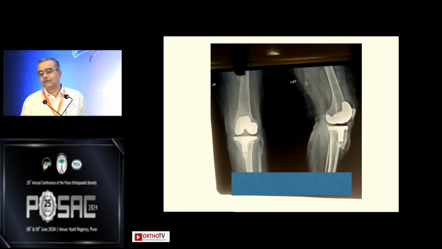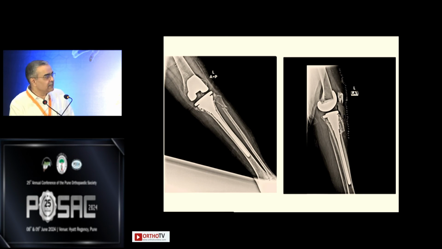So we should know what type of implant is being used in such cases. Okay, so here PFC Sigma was used, PS design, PS implant. And this is what I did. I retained the femur. I used a metaphyseal sleeve, long stem, and rotating platform tibial surface with RP insert.